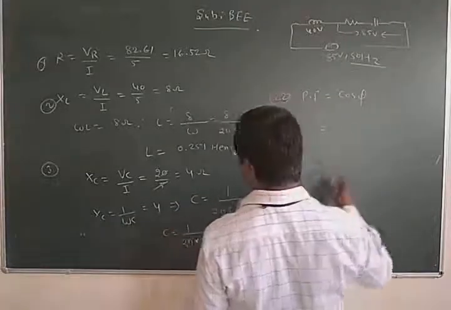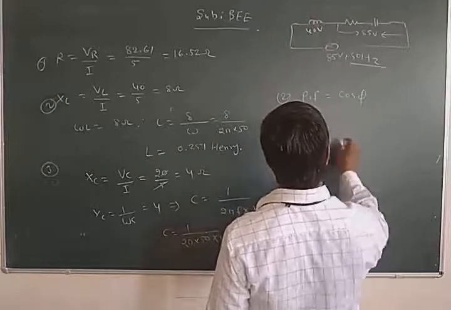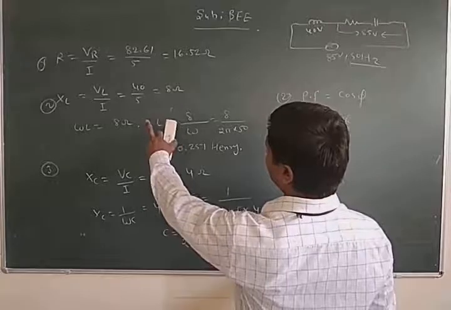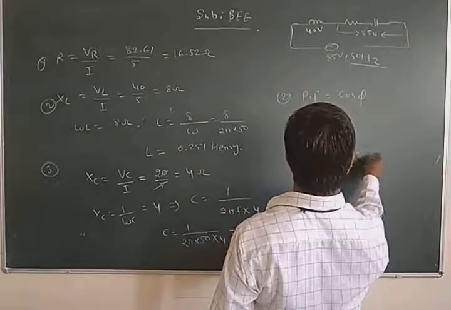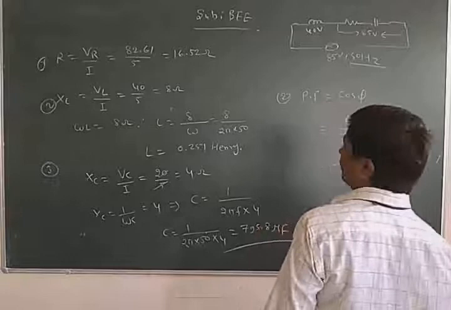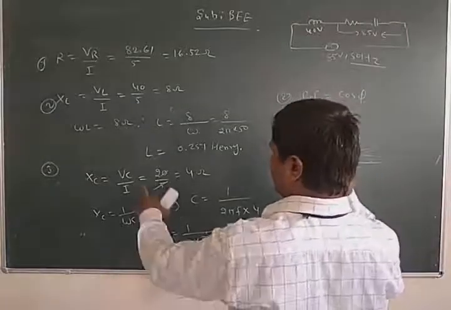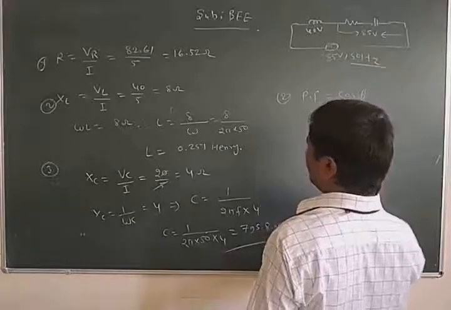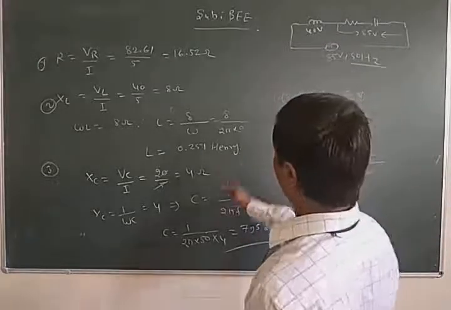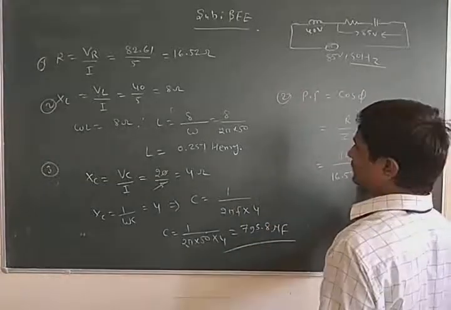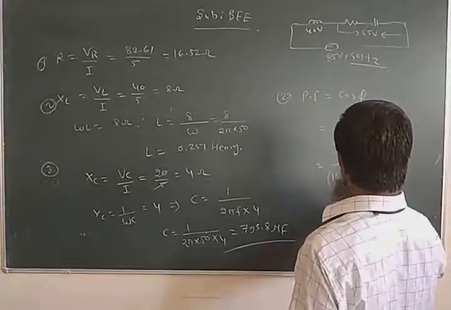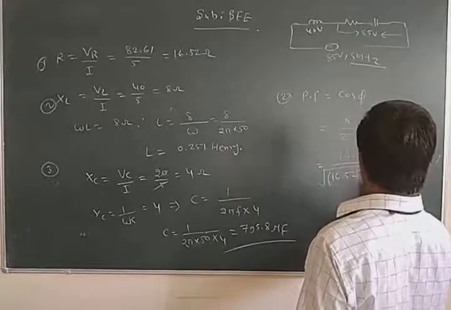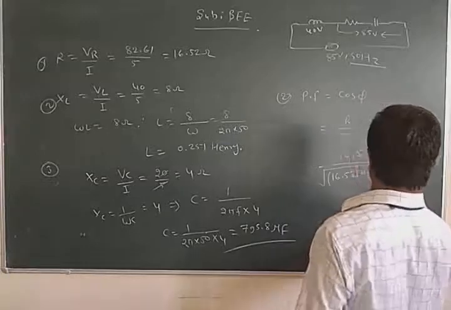Cos phi is equal to R upon Z. The value of R is 16.52 and Z is the square root of 16.52 square plus (XL minus XC) square, that is 8 minus 4 square.